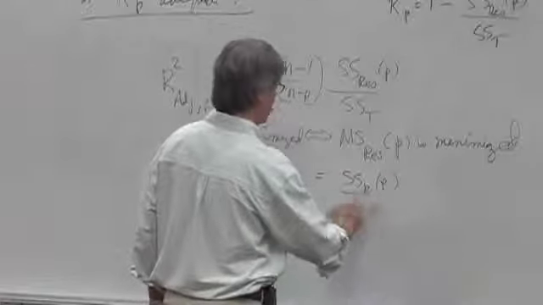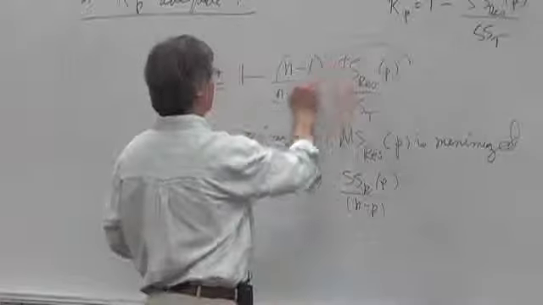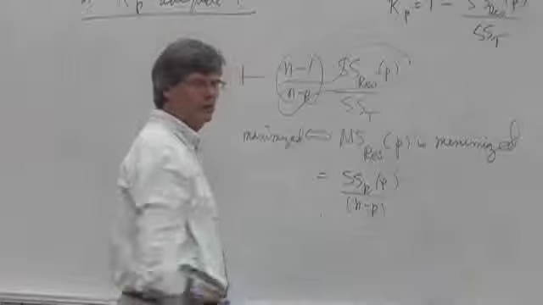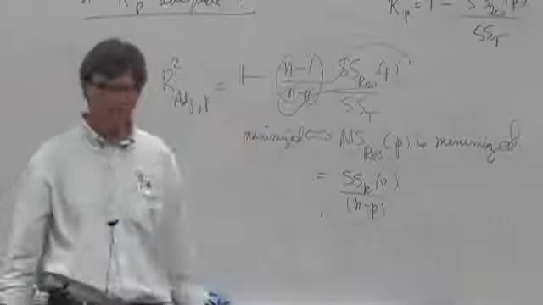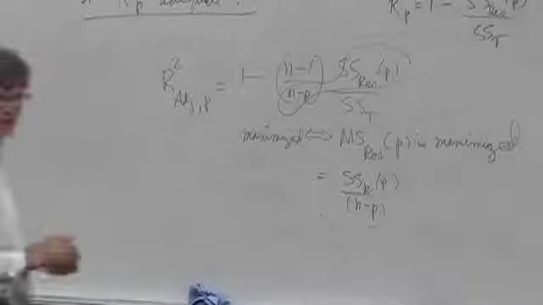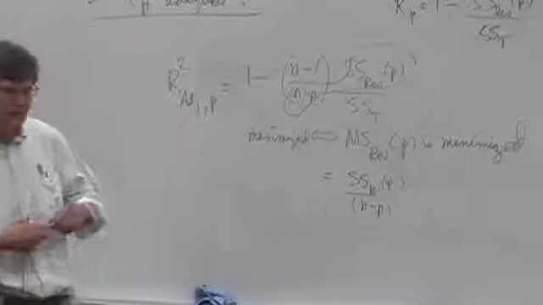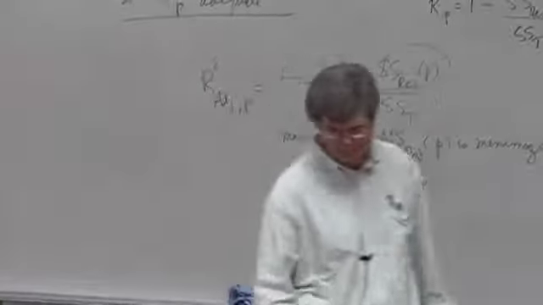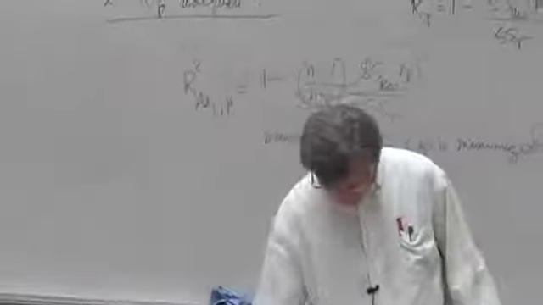You can see that immediately, because here's MS res p, and the rest of this stuff is a constant. And there's a minus sign, so that's trivial. Are we agreed that that's a trivial result? All right.